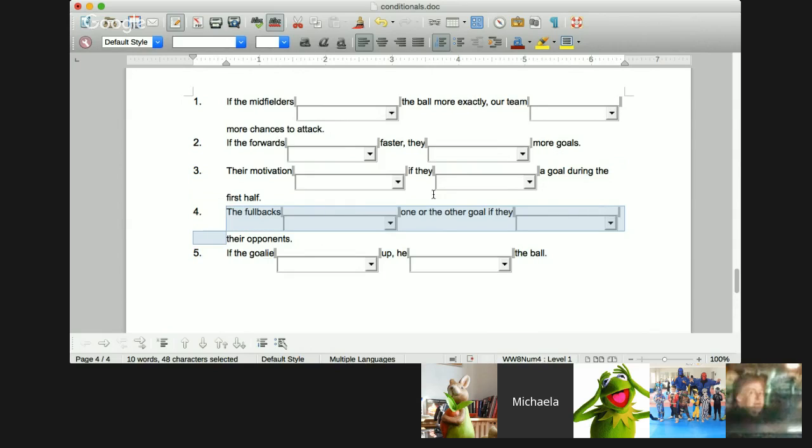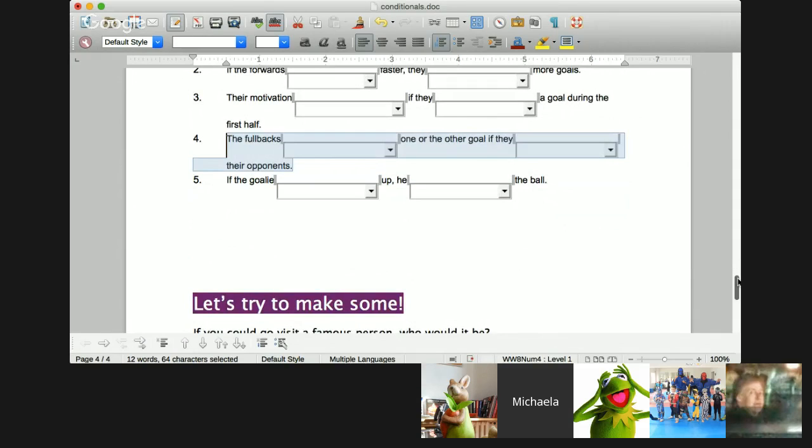Obviously the scoring has to come before the winning. But the conjugation is perfect. Now if we change that verb to something else like block, we could read the sentence like this. The fullbacks would have scored one or the other goal if they had blocked their opponents.